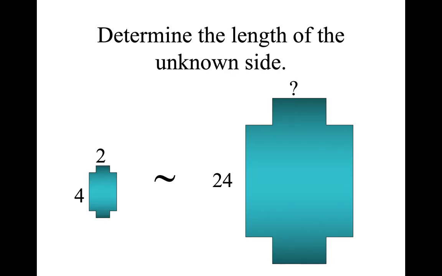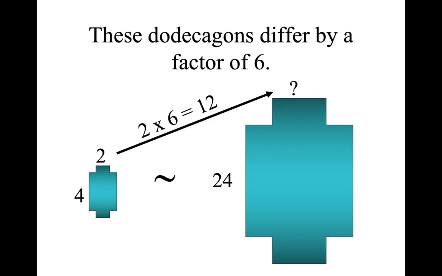Let's look at this next one. Solve for this missing side. You should have gotten 12. Four times 6 is 24, so my scale factor is 6. 2 times 6 is 12.